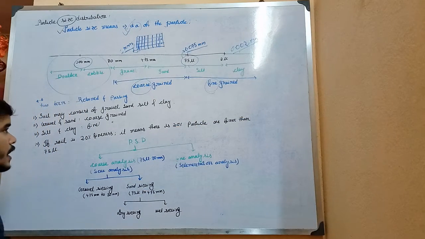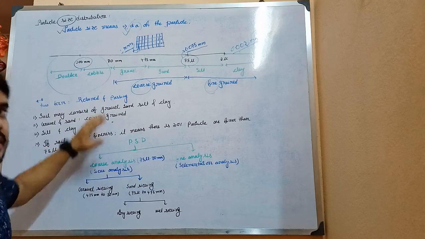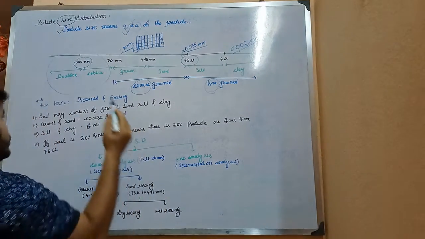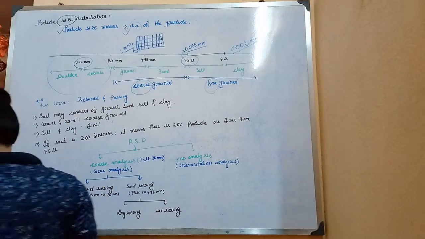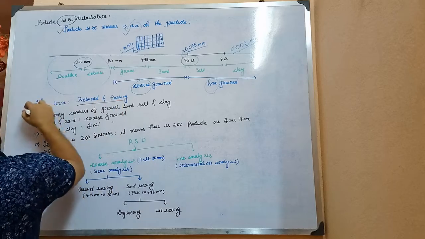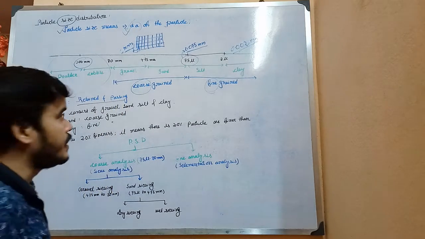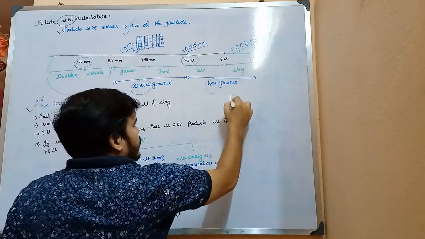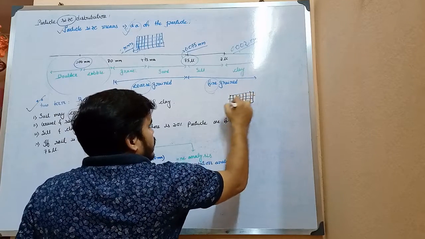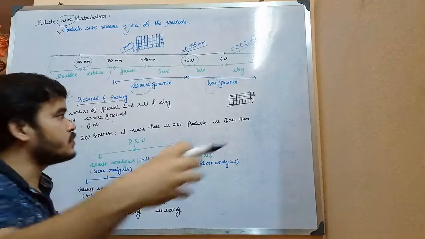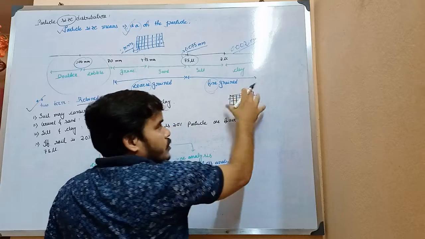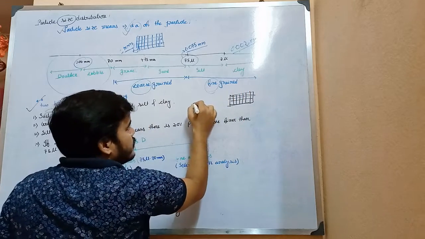Okay. Now before starting this chapter, we have to first learn these two terms, called retained and passing. If you start sieving on a sieve like this, and if you put some soil on this sieve, and this is the top view and the side view will be like this.